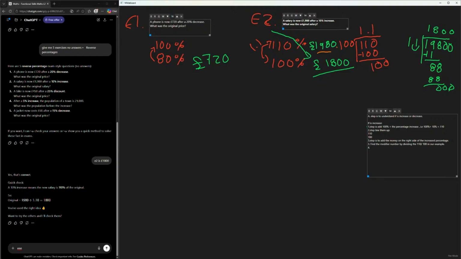The fourth step is to divide the money or value, let's say value, money or value, with the modifier, so we can get our answer.